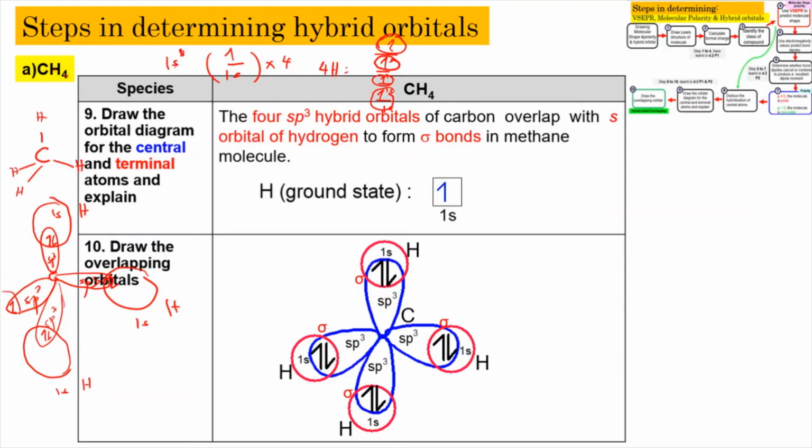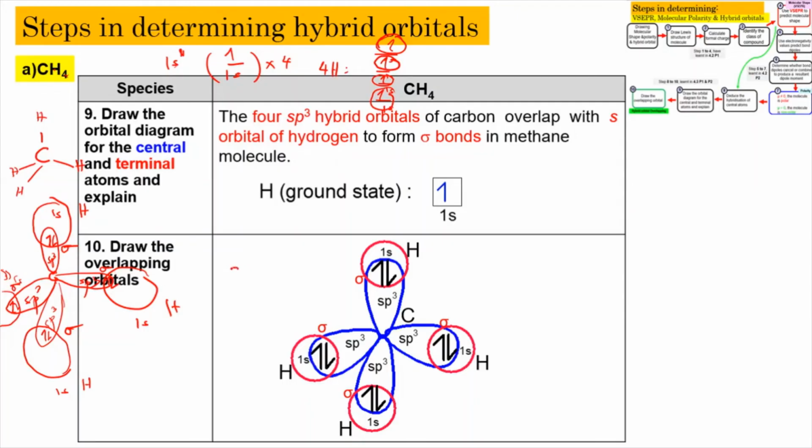And similarly here, okay? Hydrogen 1s orbital. So you draw it completely, yeah? And then in the region of intersection, you know that it is end-to-end overlapping. So it is a head-on overlap. So it's going to form a sigma bond. Here is going to form a sigma bond. Here is going to form a sigma bond. And here is going to form a sigma bond.